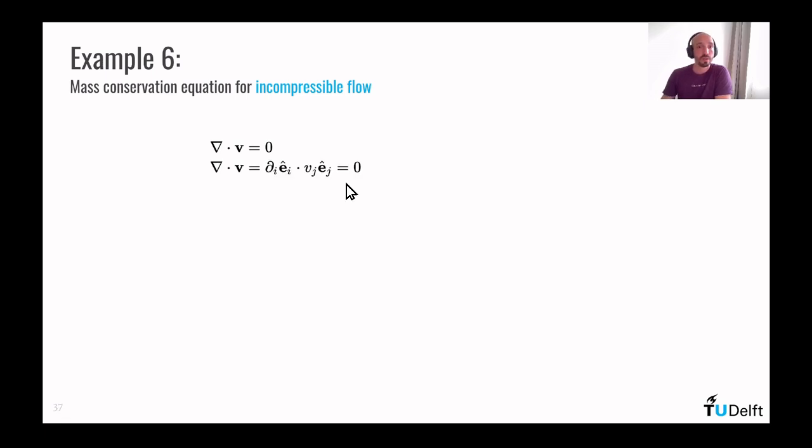So how can we represent this operation, this equation, using Einstein notation? Well, for this, we can represent the Nabla operator like this: del sub i e hat i dot V sub j e hat j. Remember, I already used subindex i here. I cannot repeat it here. Now, the second step, I throw all the components to the left and leave the directions to the right. So I have the dot product between e hat i and e hat j, which means that I can substitute j by i or i by j.